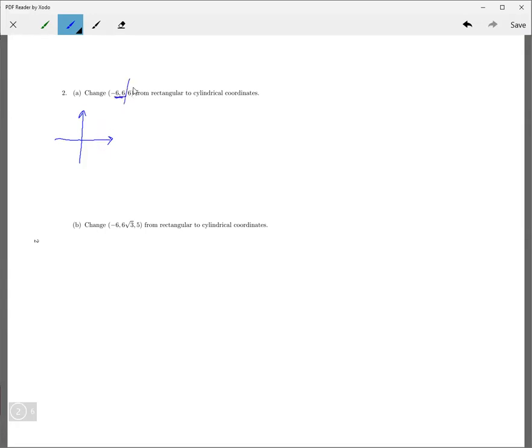Ignore that third one because that's going to just stay as z. So you go back 6 and up 6. Okay, and that's where you end up. So -6, 6. And you're basically just looking for polar coordinates for this. So what's that angle right there?